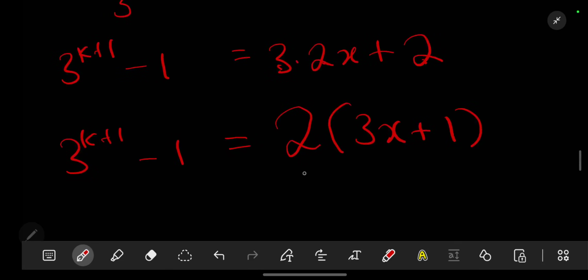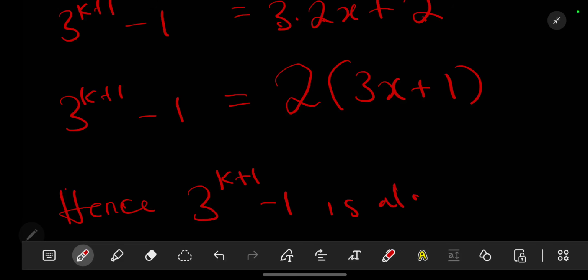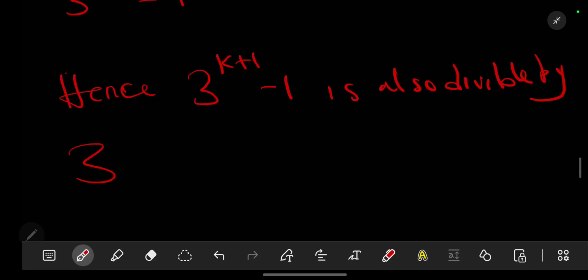So with this done, as you can see, it is true. This 2 represents that it is divisible. Hence, 3 to the power k plus 1 minus 1 is also divisible by 2.